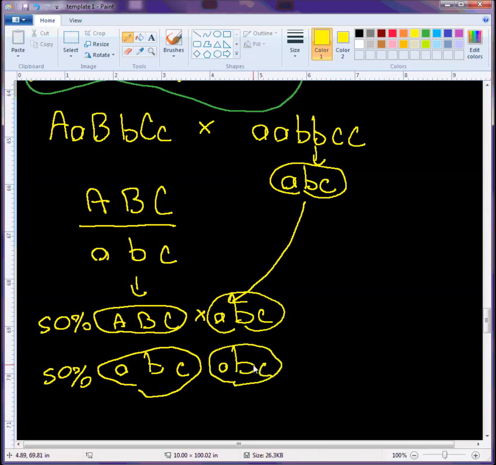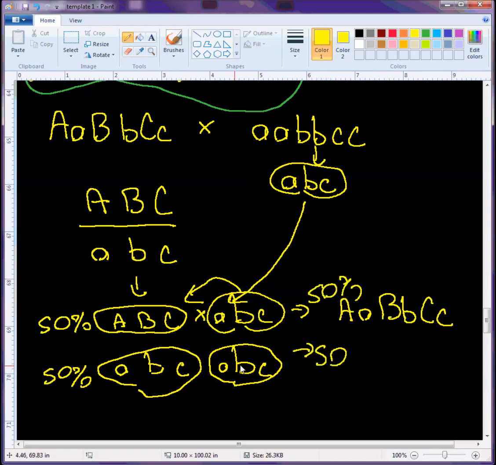Before, when they're sorting independently, we had 8 different genotypes in the offspring, found at equal ratios. But now, in this case, we have only 2 genotypes in the progeny. Half of them are going to be heterozygous when we combine this gamete with that gamete. And the other half are going to be homozygous recessive for all 3.